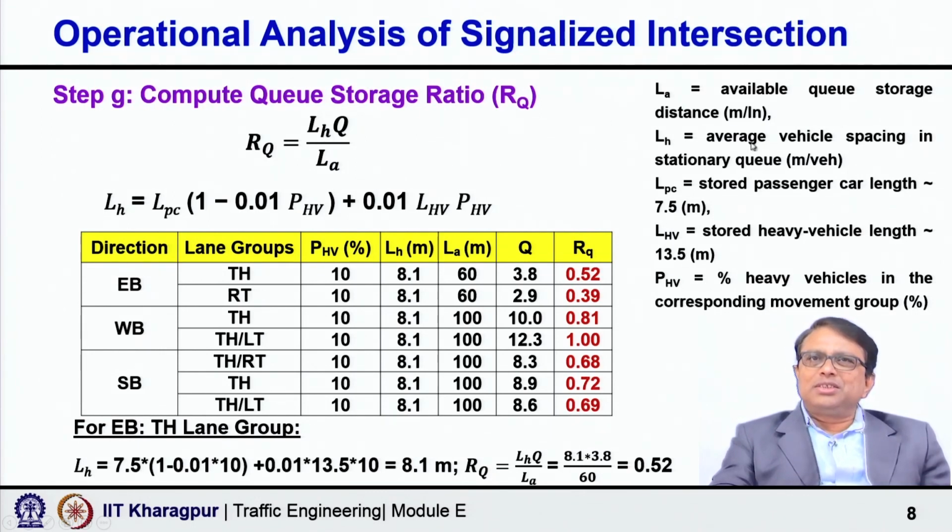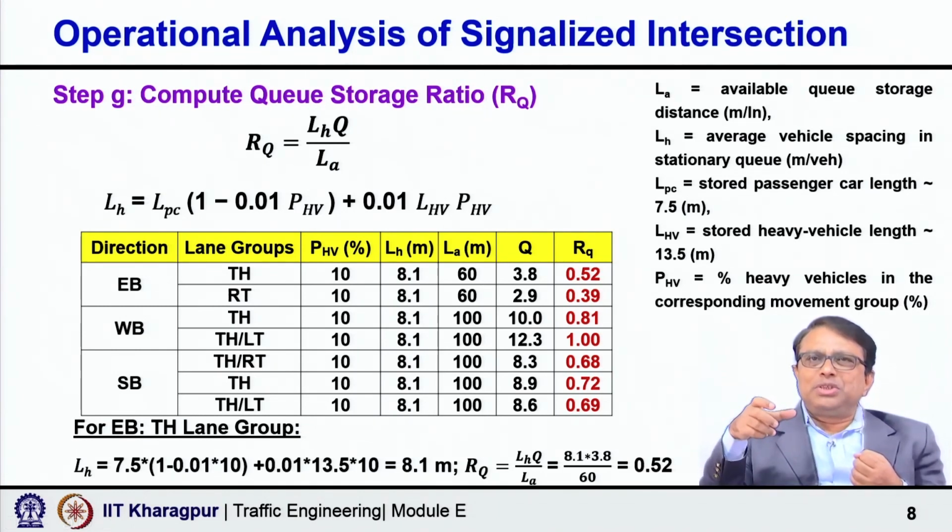LH is the average vehicle spacing in stationary queue, meter per vehicle, and Q is the number of vehicles multiplied by meter per vehicle. So, you know the length, divided by LA. LA is the available Q storage distance per lane, in meters, all this lane wise. This LA is known, it is actually an input. So, this ratio will give you the Q storage ratio.